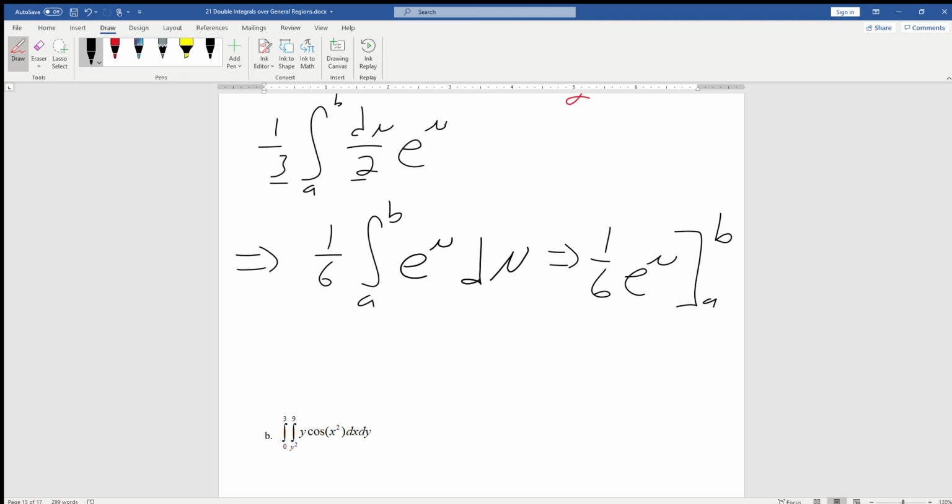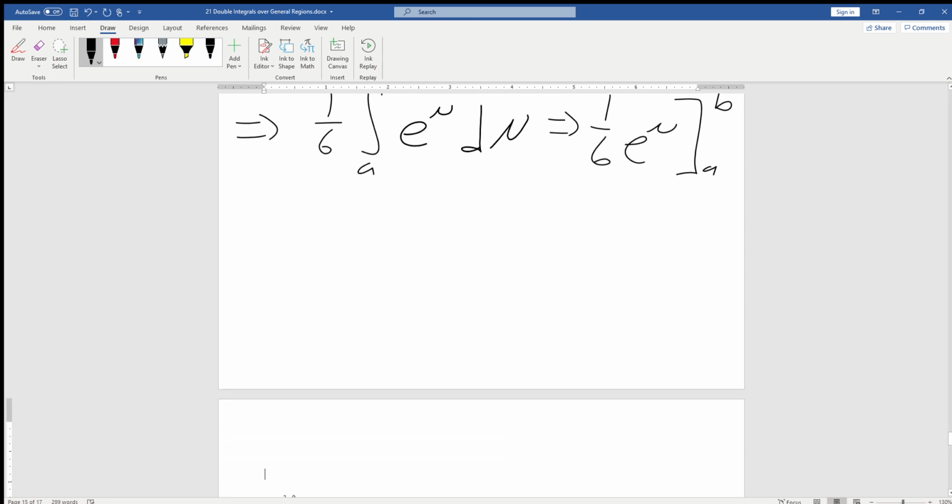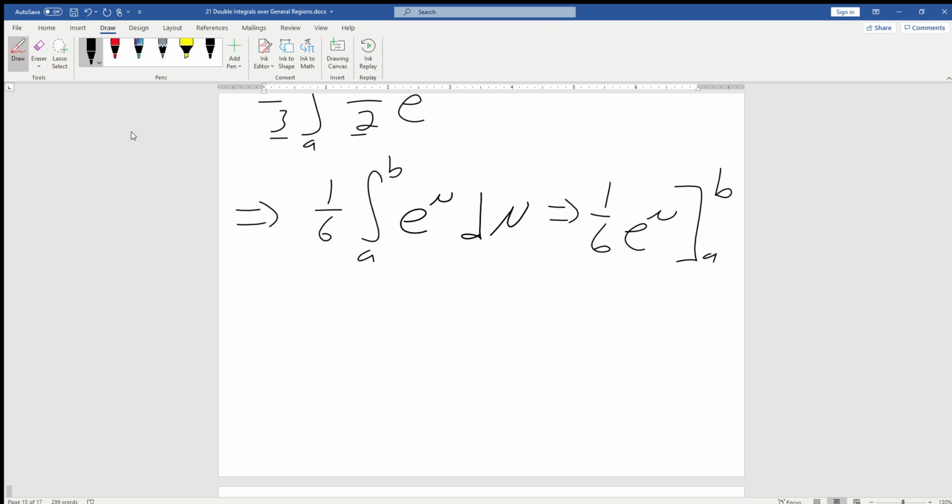We're going to back substitute. So if we do that, we're going to end up with 1/6 e to the x squared from 0 to 3.